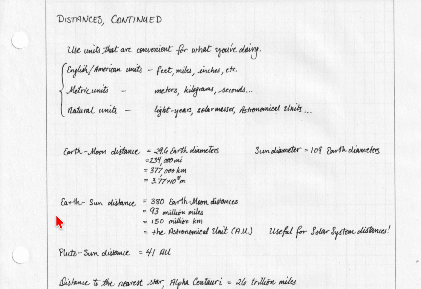Okay, so the units that you use are the ones that are convenient for what you're doing. For everyday use, it's useful to use the English system of units or American system, American Standard English units, feet, miles, inches, pounds, and so on like that there. And because these are kind of based around human experience, they're very convenient.